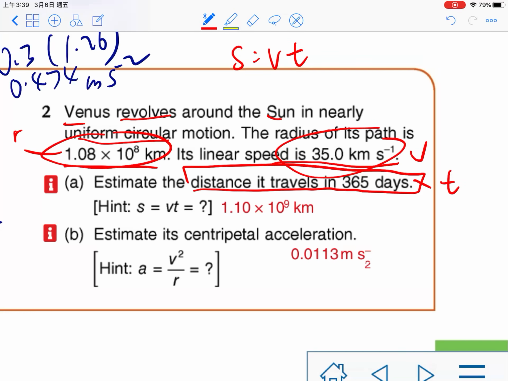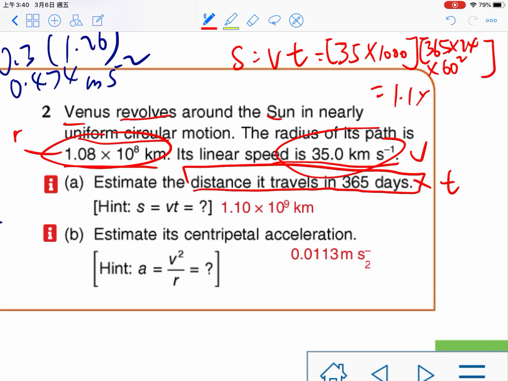So very easy, s equals vt, constant speed. So 35 km/s times time. Time is 365 times 24 times 60 squared. So it will be 1.1 times 10 to the power 9 km. That is the distance traveled.